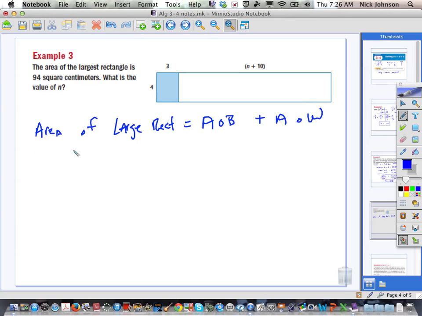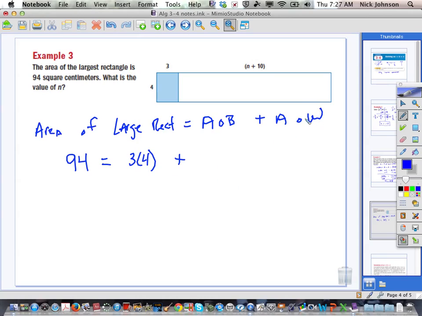So area of the large rectangle is 94. Equals, what's the area of the blue? Well, area of the blue is length times width. What's length times width? Well, 3 times 4 is 12, right? And we'll get to that in a little bit.